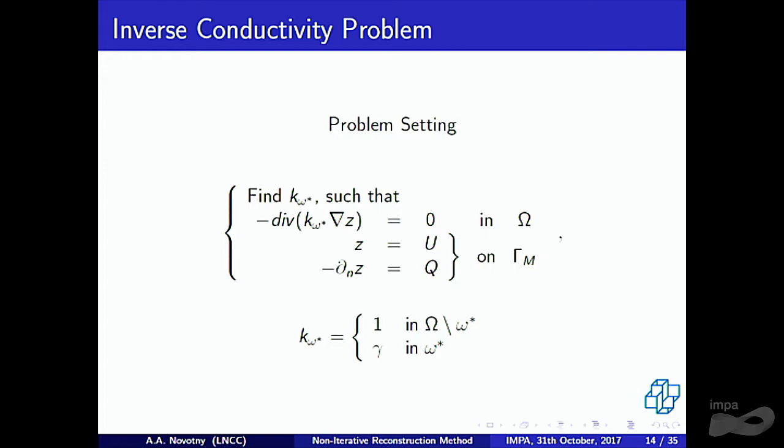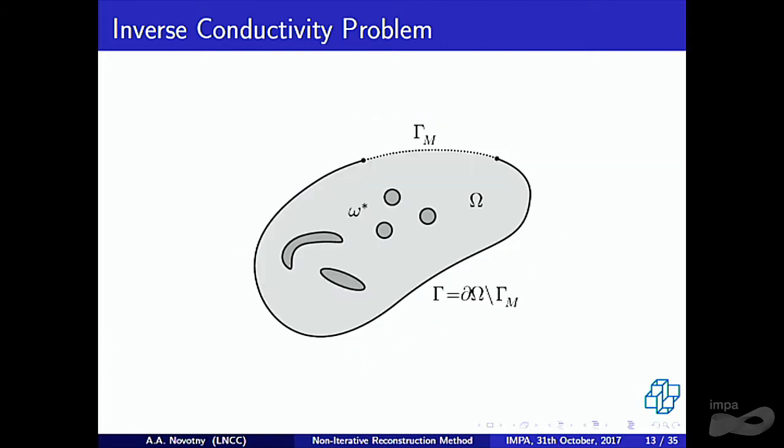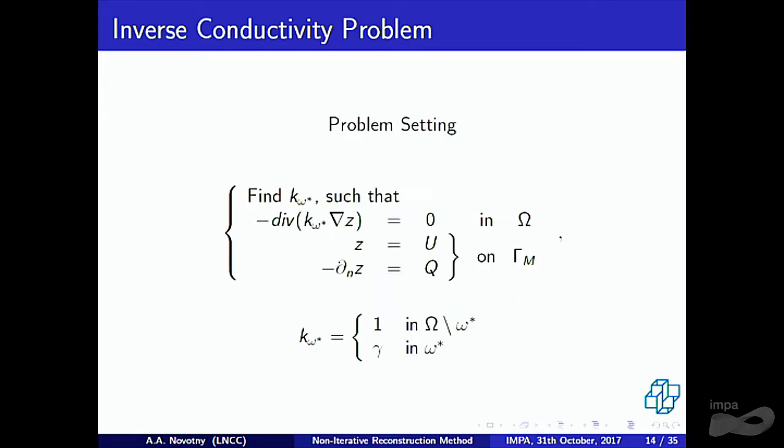Capital U is the electrical potential on the boundary restricted to gamma m, a small part of the boundary. And by assumption, we assume that k omega star is a piecewise constant function.